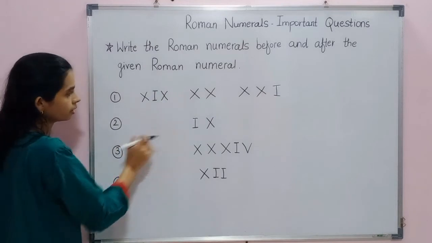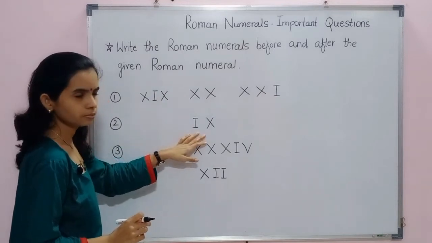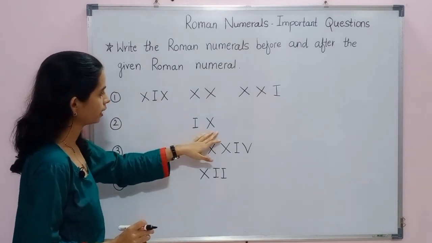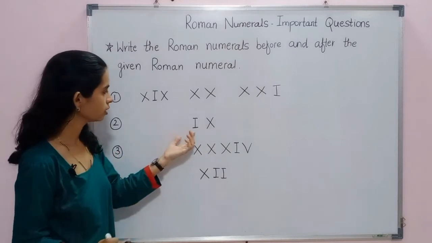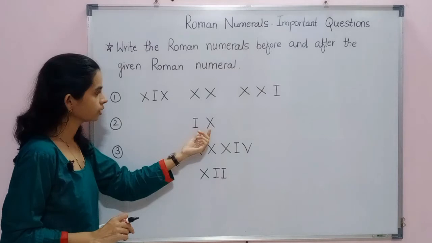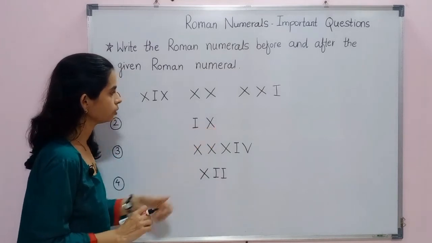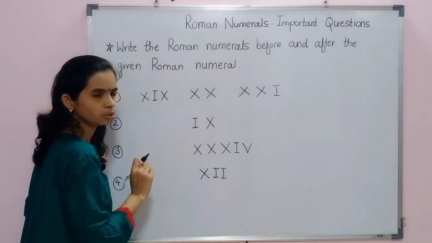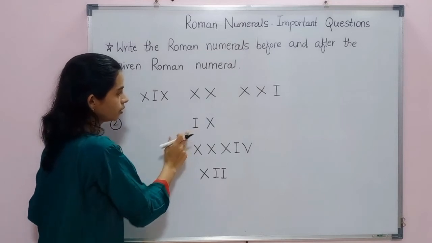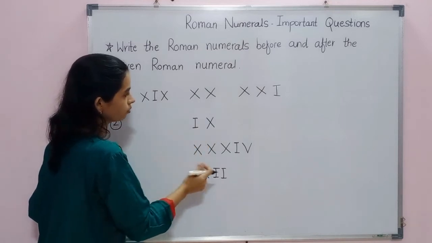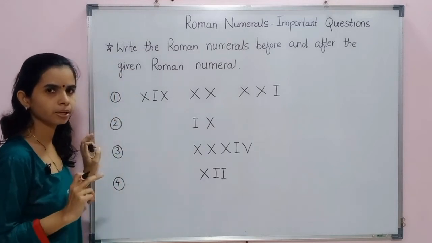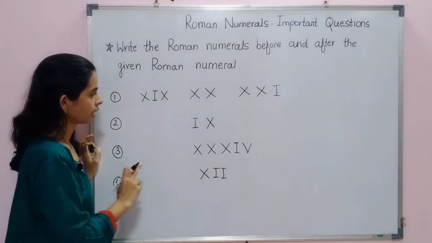Then in the next example, the given symbol is IX. Here X represents the value 10 and I represents the value 1. We will subtract this 1 from 10, we will get 9. 10 minus 1 gives 9.